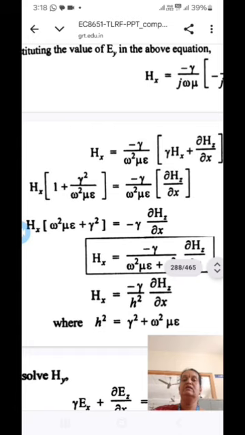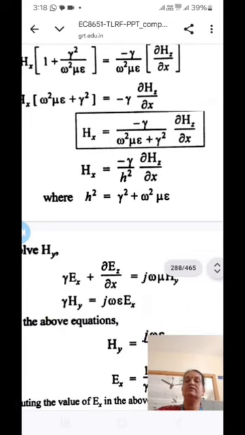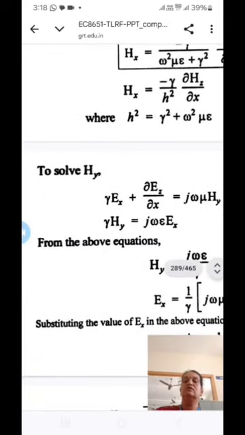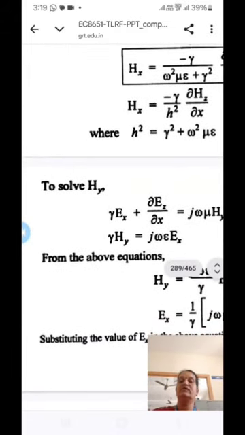And similarly, taking Hx as common, we get the term like this. Finally, Hx is equal to minus gamma by (ω²με plus γ²) into ∂Hz/∂x. This denominator can be kept as h², where h² equals γ² plus ω²με. This is for Hx, and similar things should be done for Hy.